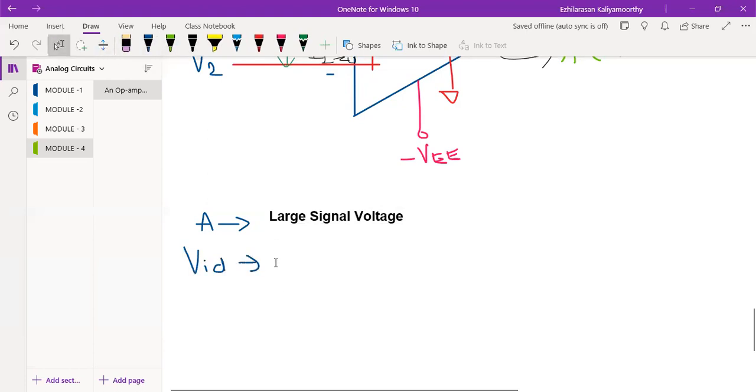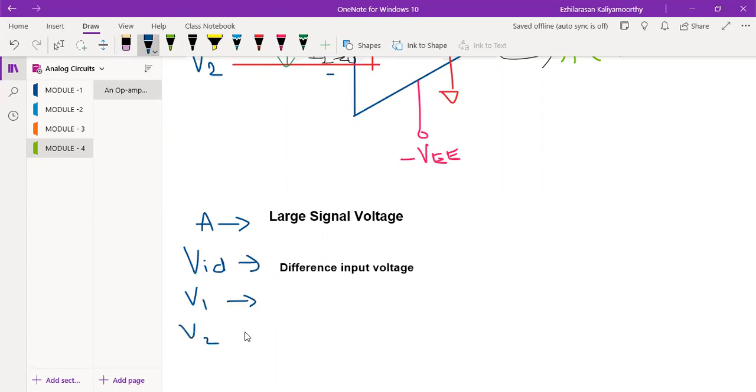VID is nothing but the difference input voltage. Then V1 and V2, that we know very well. V1 is nothing but the voltage at the non-inverting terminal. V2 is nothing but the voltage at the inverting terminal.